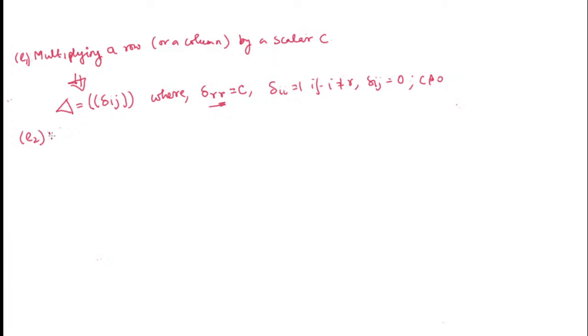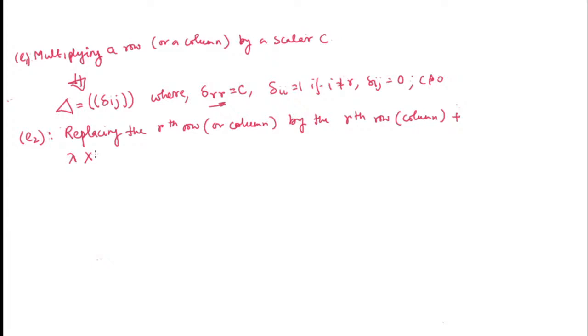E2 operation, replacing the rth row or column by the rth row or column plus lambda into the sth row or column.